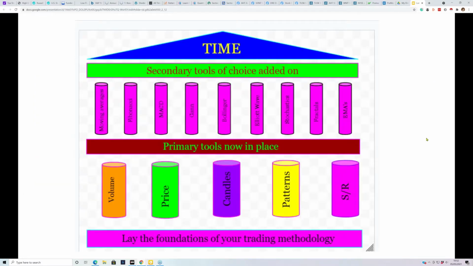Now, VPA, as I said, the volume and price is hugely important. We use candles and candle patterns to give a narrative to the chart rather than bars, but you can use bars as well. And the fifth element of VPA is support and resistance. I know we talked about it a lot last week, those of you who were with us.